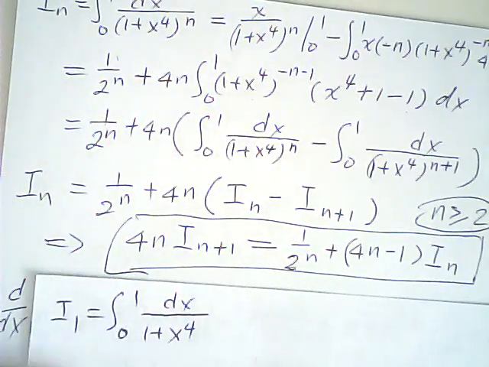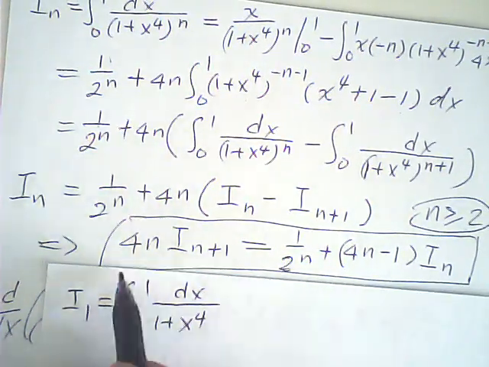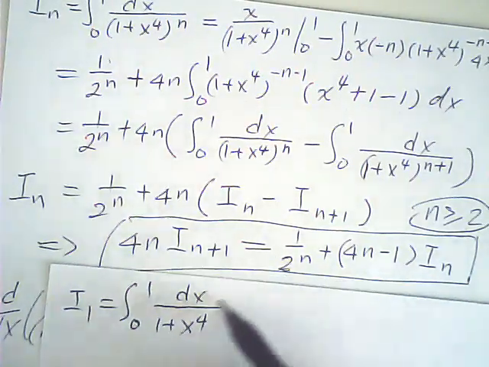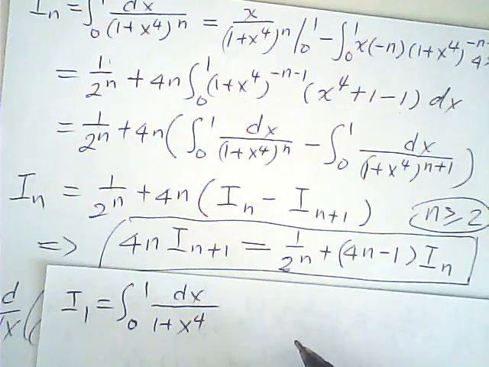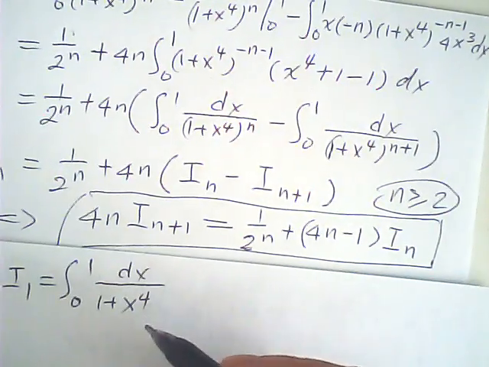I1 is this. We cannot find this I1 from the reduction formula because it doesn't work. So this is a special value we have to work out.